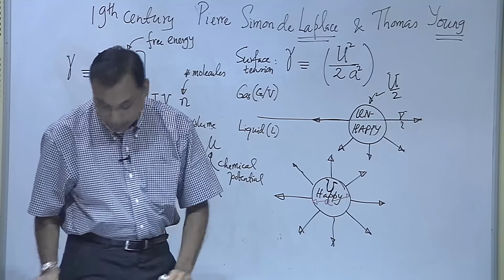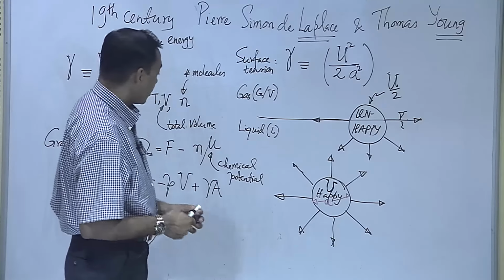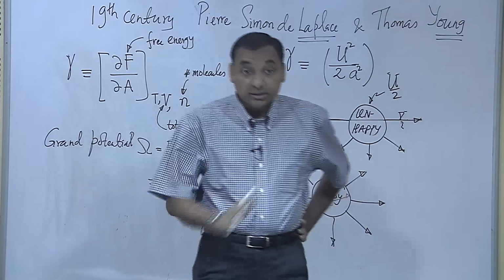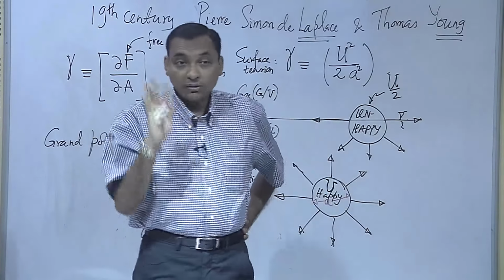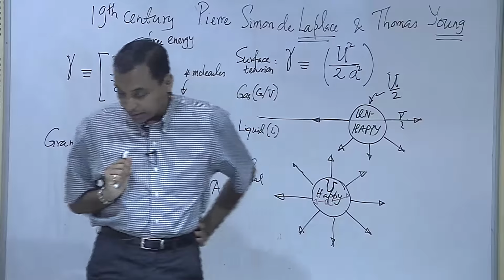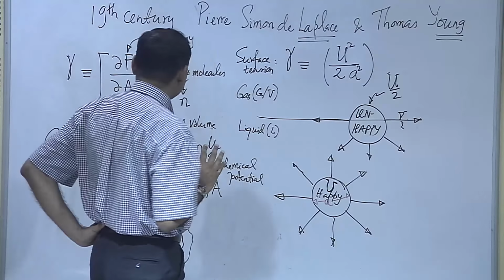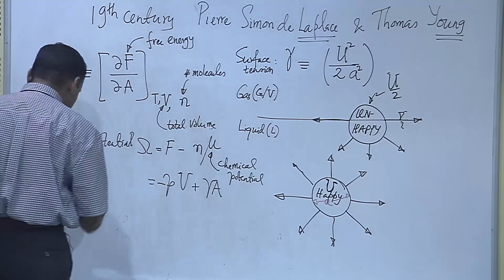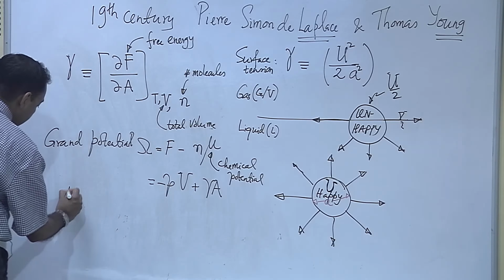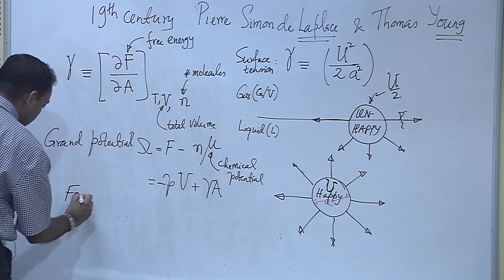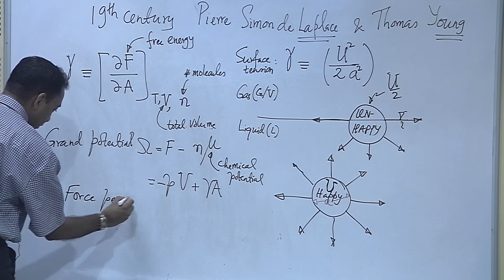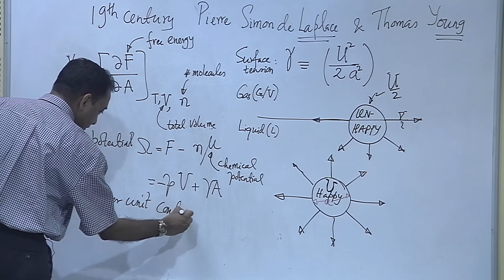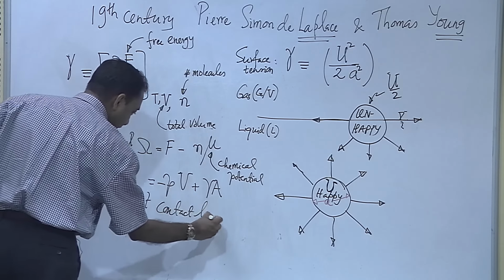The next thing, is this clear? Any question on this? So, there are various ways to look at it, and I should also mention that surface tension can also be defined as the force per unit contact line length.